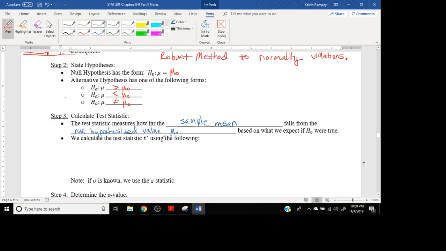We gather our sample through randomization. We make sure that we satisfy all the assumptions, and we calculate this test statistic here. If this test statistic shows evidence against the null, then we're going to reject. If it doesn't show evidence against the null, we don't have enough evidence to reject. And to gather that evidence, this test statistic helps us do that. And it depends on believing that null hypothesized value is actually the true value of the population parameter.